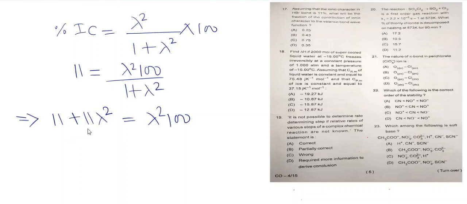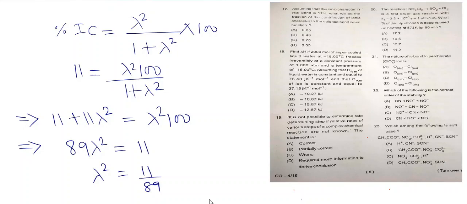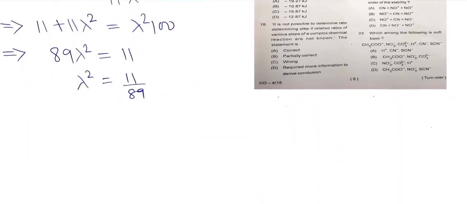So when I subtract this, what I get is 89 lambda square is equal to 11. So lambda square is equal to 11 by 89. When I solve further, I will get lambda is equal to root over of 11 by 89.